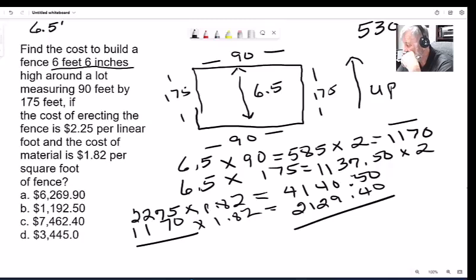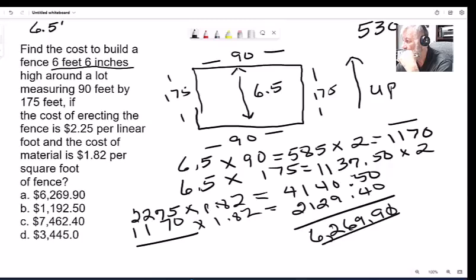4,140.50 plus 2,129.40 equals, should be 6,269.90. Okay, that's the square footage cost for the fence, but we're still not finished yet.